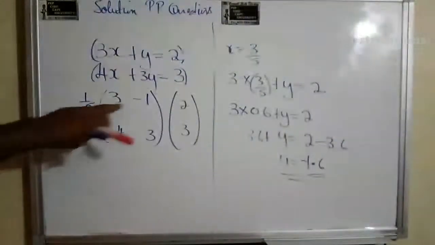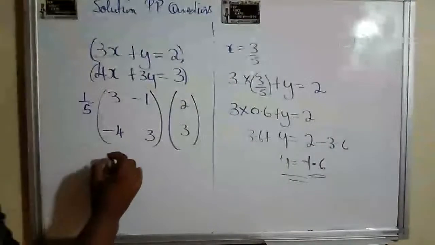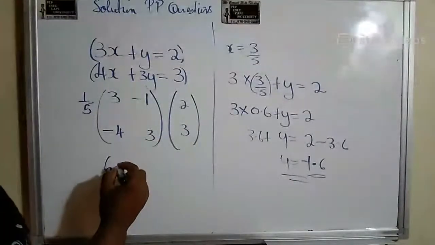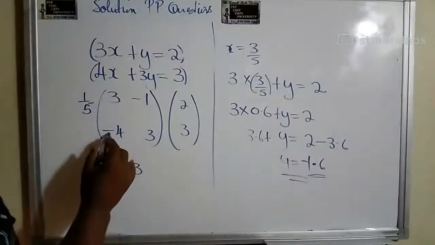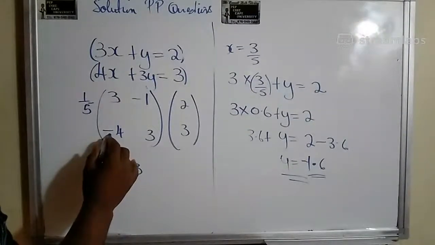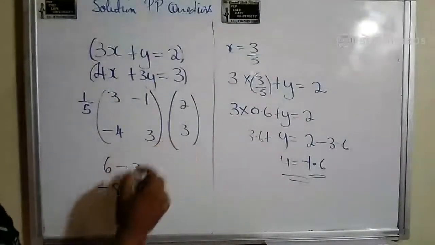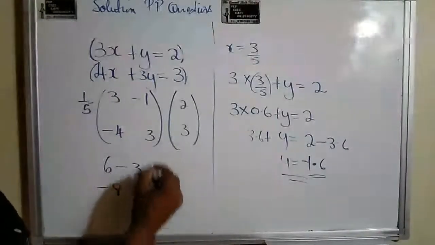So 3 times 2, that's 6. Negative 1 times 3, that's negative 3. Negative 4 times 2, that's negative 8. And 3 times 3 is 9.